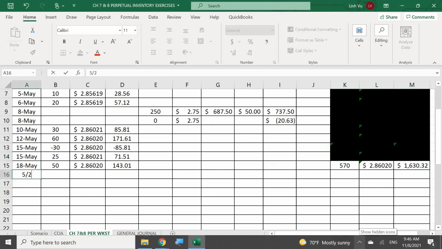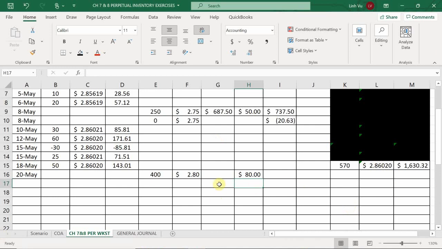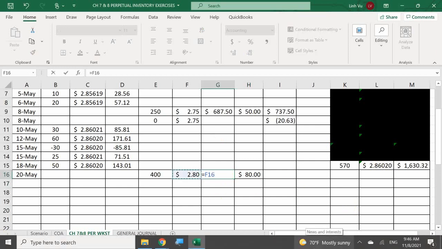Okay, so it is May 20th. We purchased 400 units at $2.80 with a freight costing $80. So what is my purchase price? $1,120.